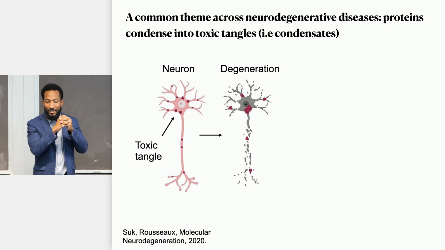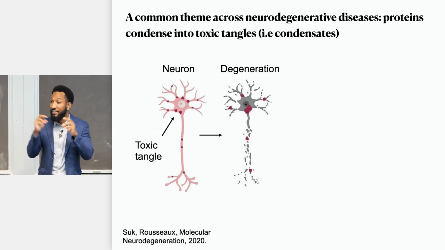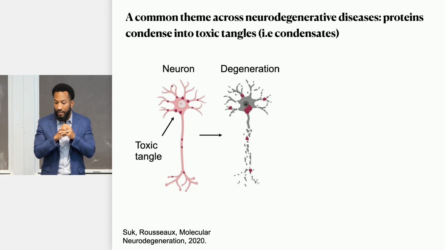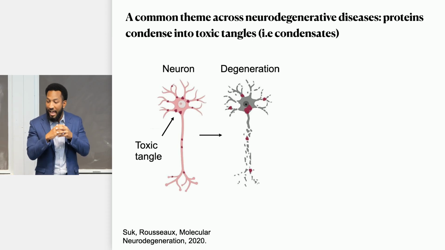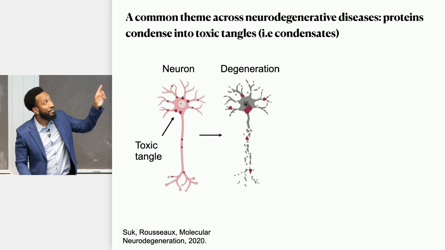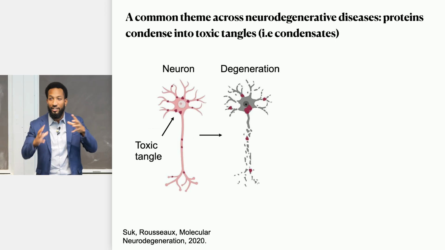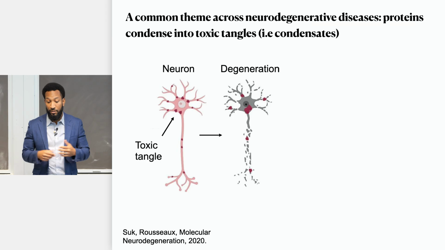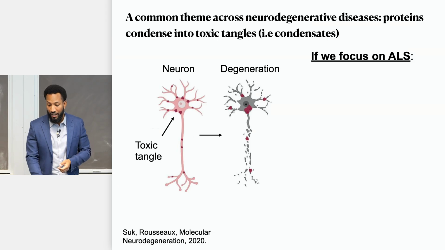Those here are toxic. They shouldn't be there. So over time, this is like clumps of proteins that have gone awry, and as they grow, on the right, you can get degeneration, where these droplets are so big and it just causes the neurons to degenerate. And so for instance, in ALS, I'll just give you an example.